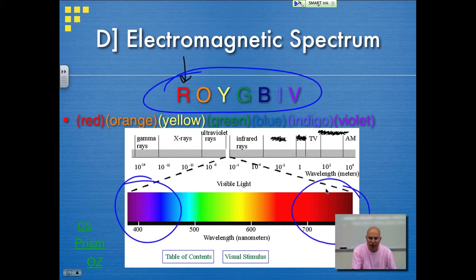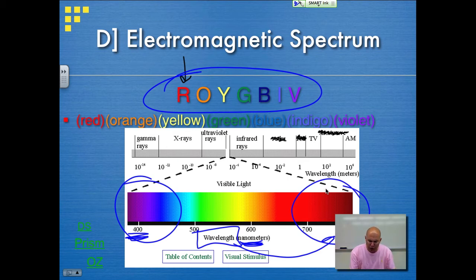The reason that we have separation is because they have different wavelengths. And you can see real quick over here that red has a longer wavelength, 700 plus nanometers, to violet, which is in that 400-ish or so nanometers, okay? So there's your colors of the rainbow and the way that we can separate them.